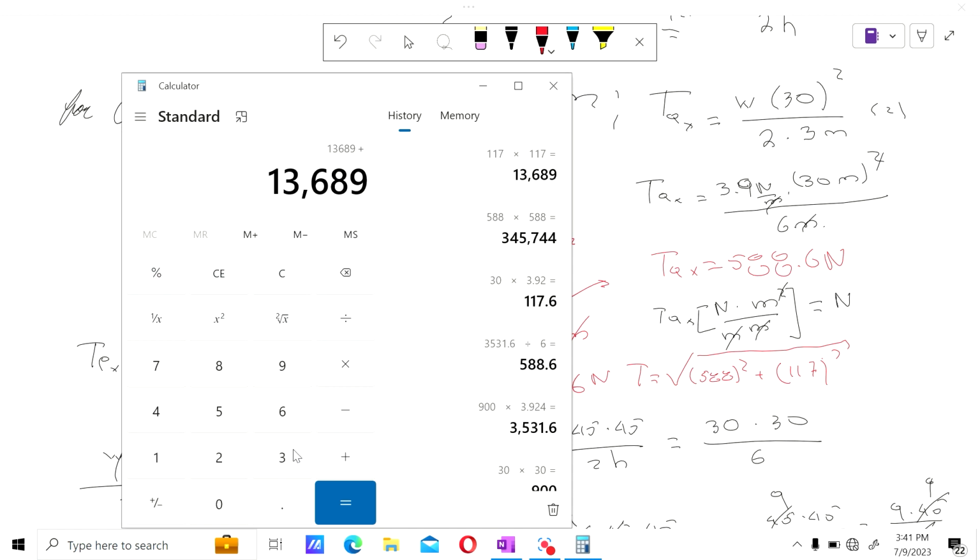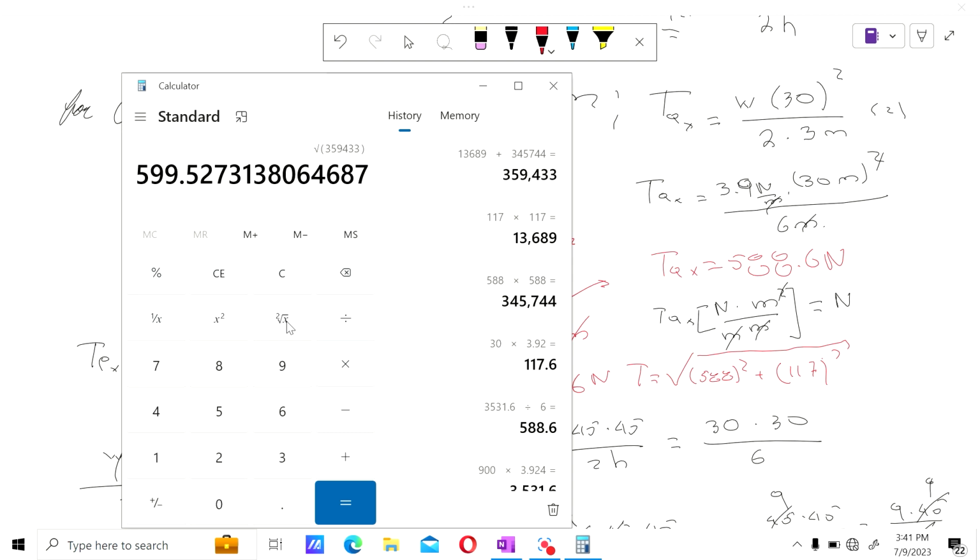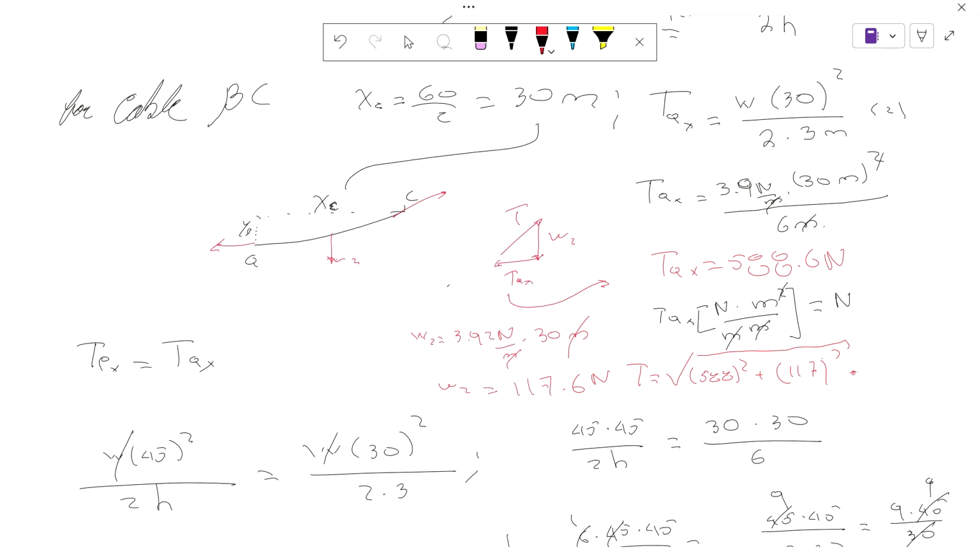Plus 345,744 equals, and then the square root of that is 599.5. So this is equal to 600 newtons. So this tension right here is 600 newtons.